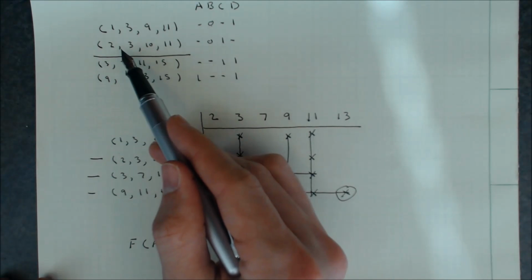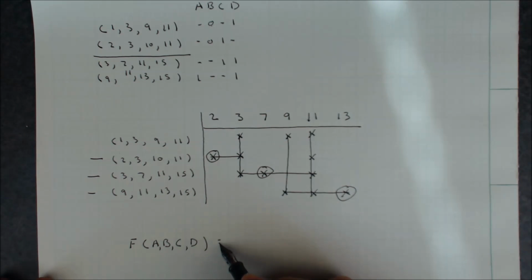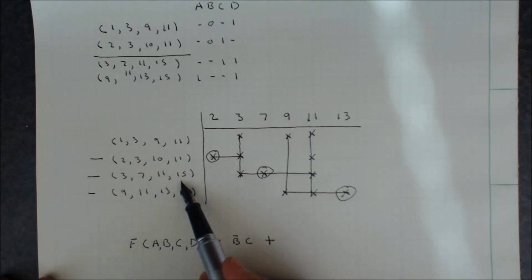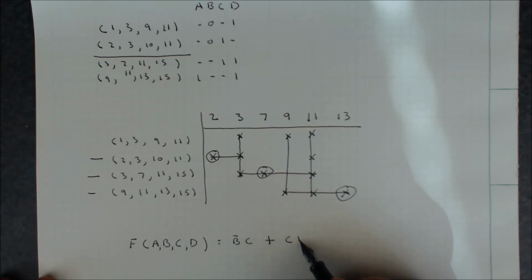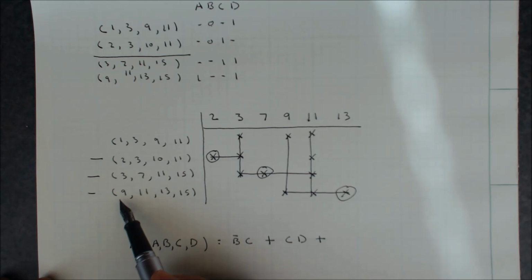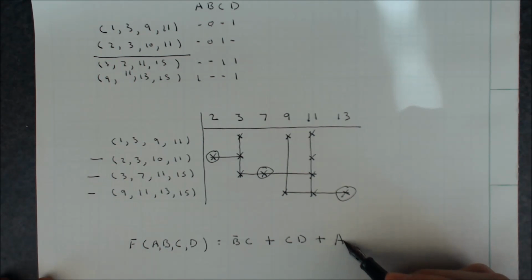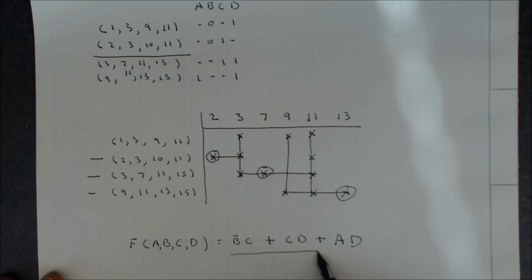So we'll look at 2, 3, 10, 11, where we get the value B prime C. This will be ORed with 3, 7, 11, 15's term, which in this case is just CD, which will be ORed with the final term 9, 11, 13, 15, which is AD. And there we have it. This will be our final reduced expression using the QM method.